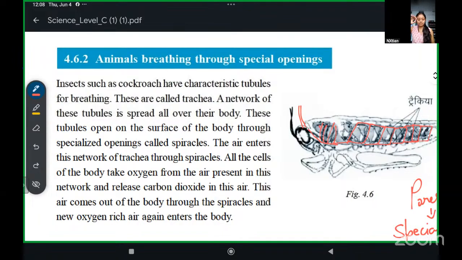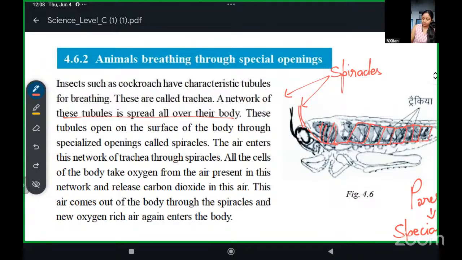This network of tubes is spread all over the body. They open on the surface like this, and these openings are called spiracles.